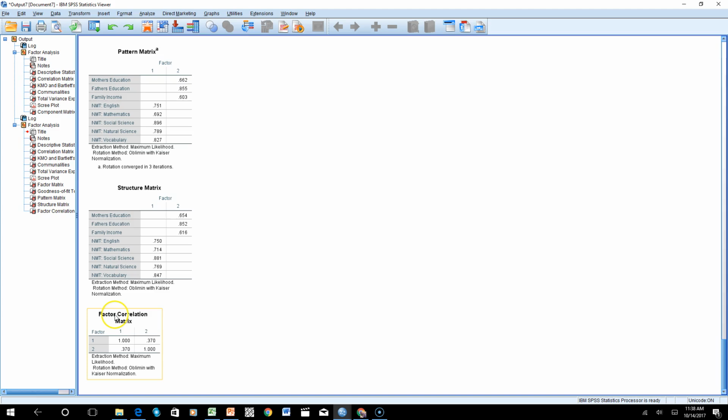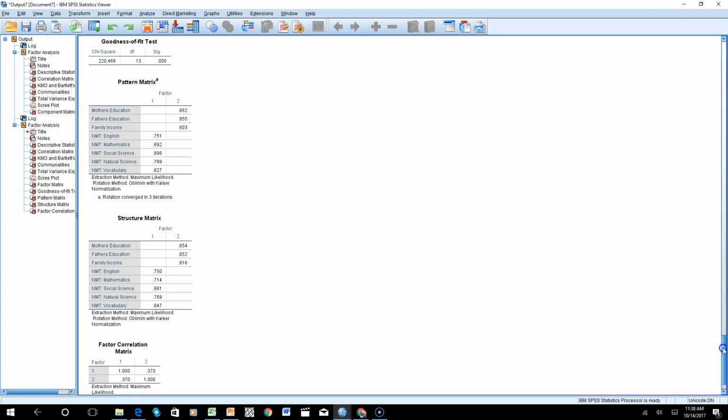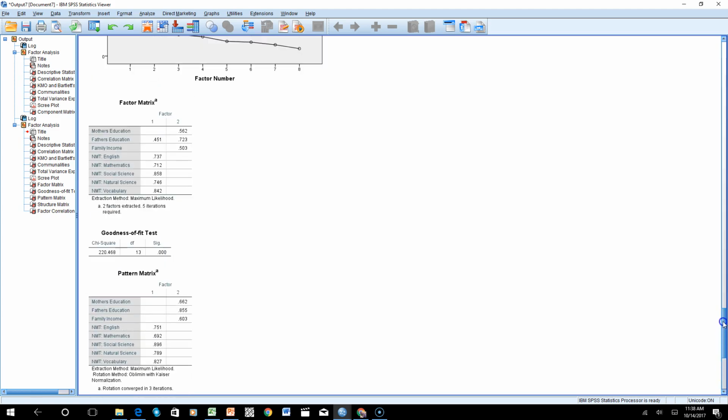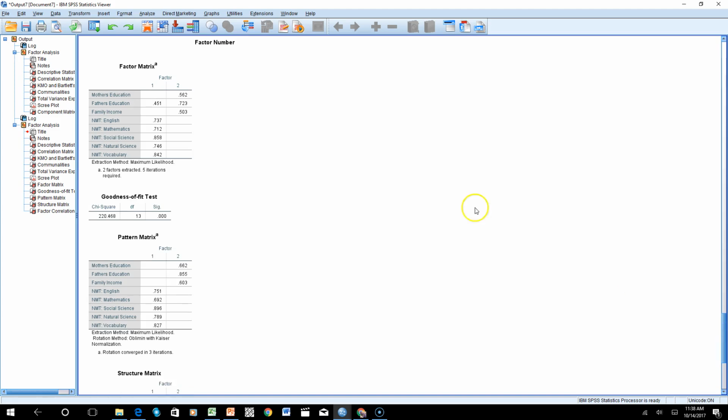Okay, we're okay here. The factor correlation matrix, if these 2 right here, that is at 0.37, if they were below 0.32, then I would probably have to move to Varimax. As we can see, our structure matrix, pattern matrix, all of them are basically saying the same thing.